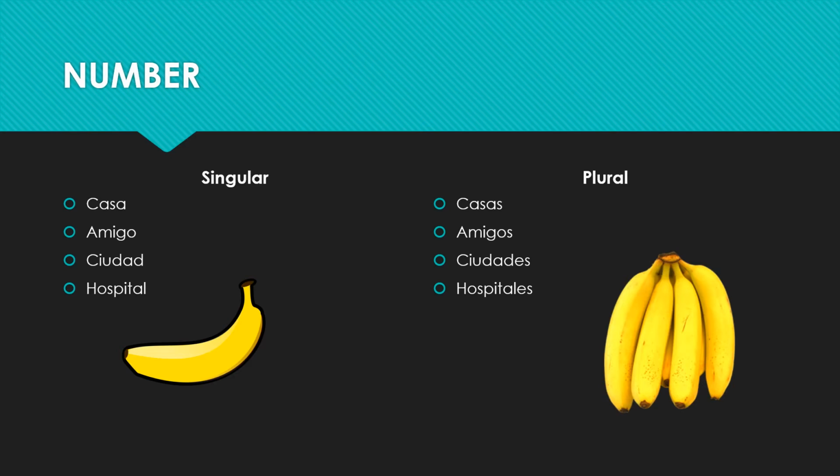So casa, amigo, ciudad, y hospital. Now in the plural, you have multiple things: casas, amigos, ciudades, hospitales. So pretty basic stuff, but just a refresher, you will need to know what this means in English so that you can understand the concept in Spanish.